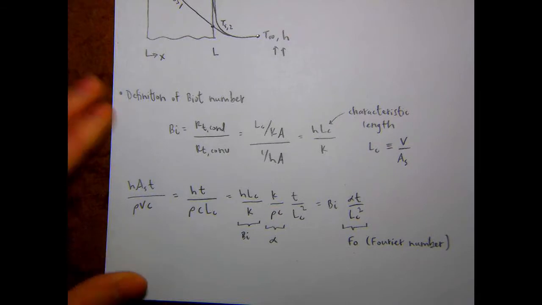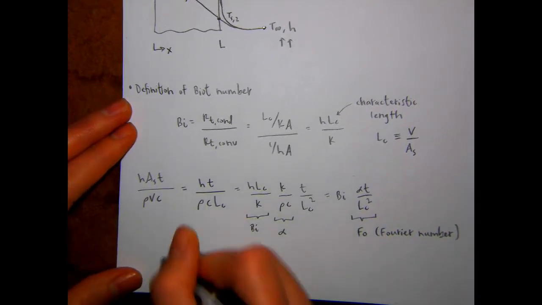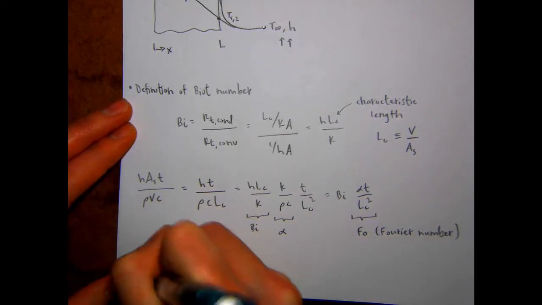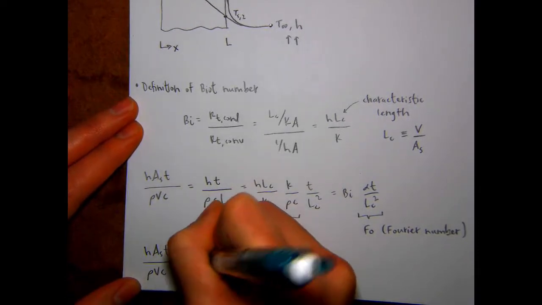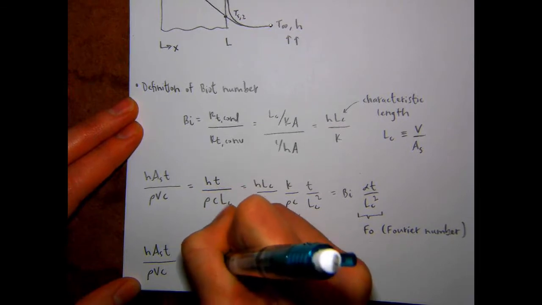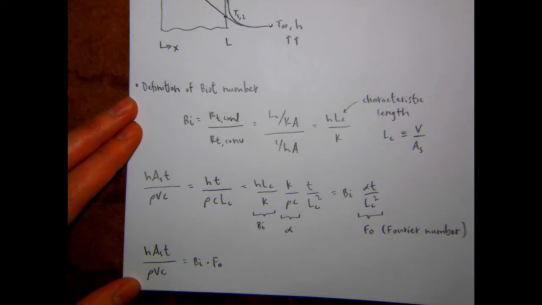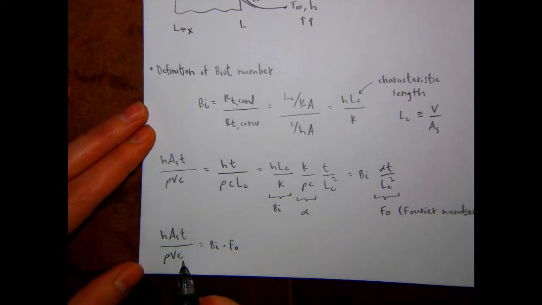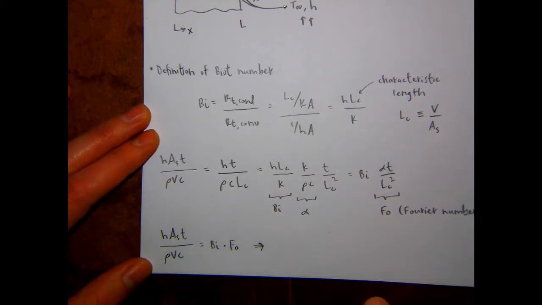So that's just giving us another way to write this quantity here on the left. So h A sub s t over rho times V times c is now equal to just the Biot number times the Fourier number. And this is an important quantity in our expression for the temperature as a function of time.